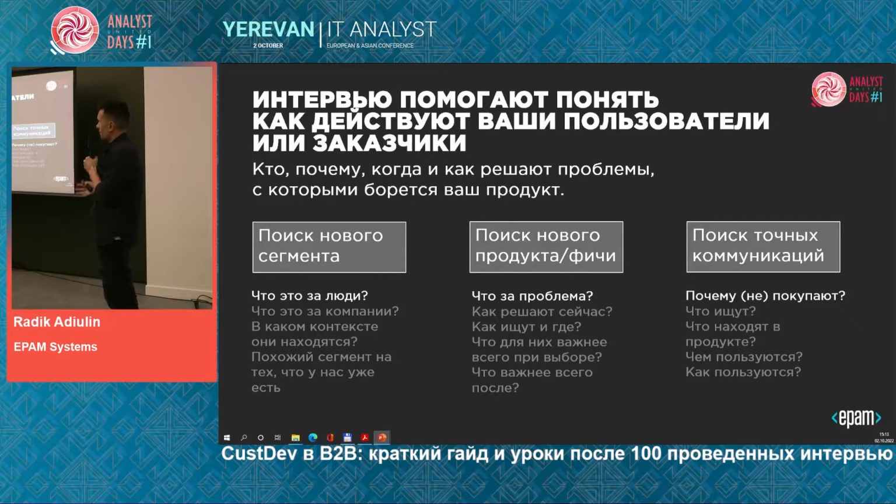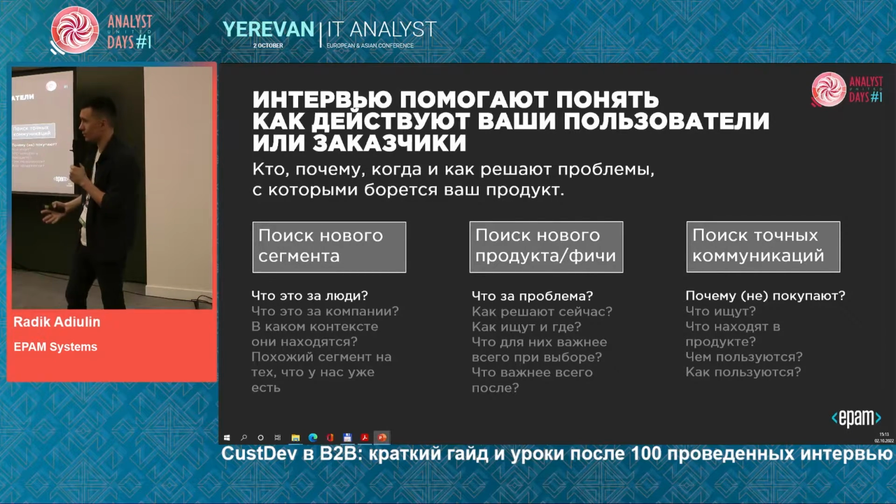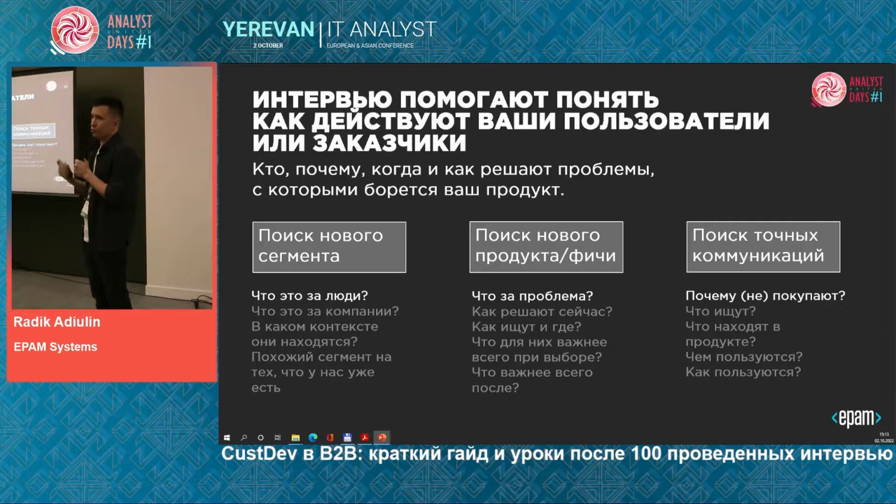Basically, I divide it into 3 parts. First, the search for new segments: who are the people we will be working with? Second, the search for the new product or feature, which answers the question what kind of problem we solve.